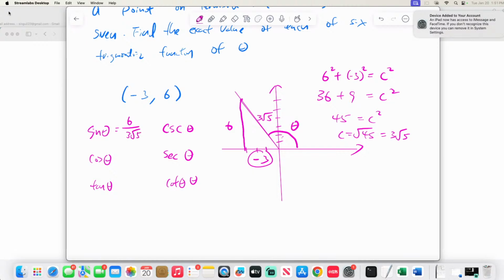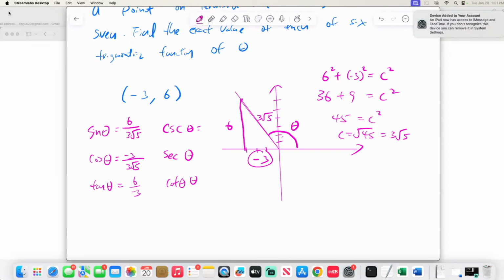Is that okay? And cosine is equal to what? -3 over 3 root 5. Is that okay? Maybe using -3? Yeah, you had to use a -3 because it's on the left side. Tangent is going to be 6 over -3.